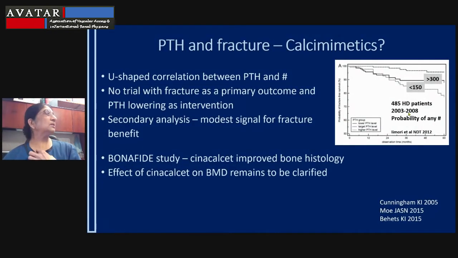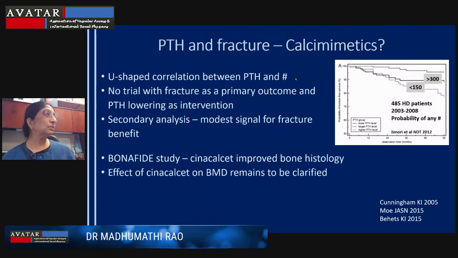So, in the context of looking at the relationship between PTH and fracture, if there was a robust relationship in terms of fracture prevention, we should be able to see a signal when we use calcimimetics. Epidemiological studies have shown a U-shaped correlation between PTH and fractures, so it's not a linear correlation.